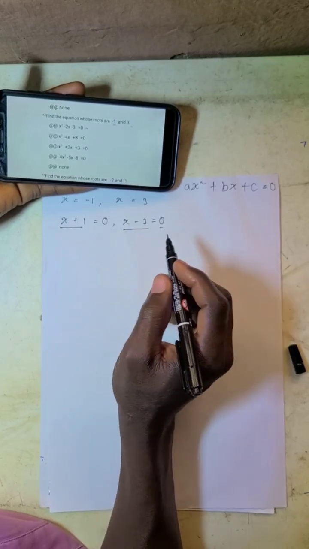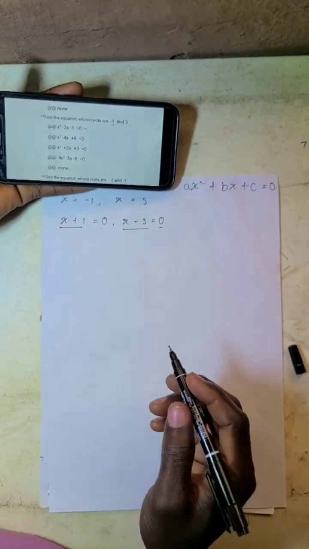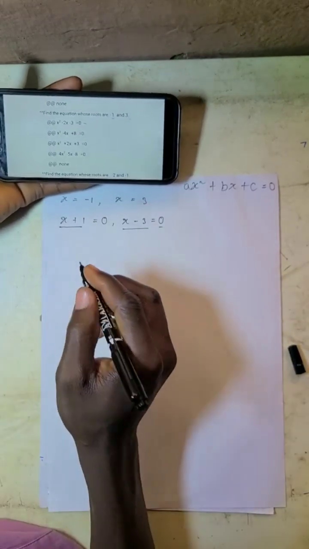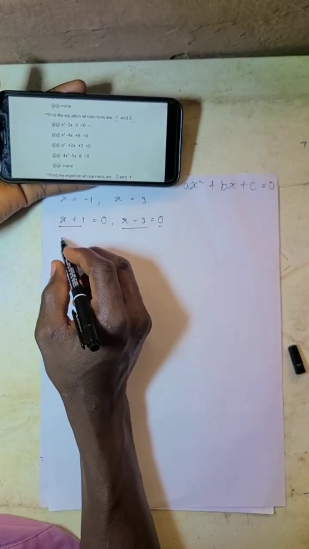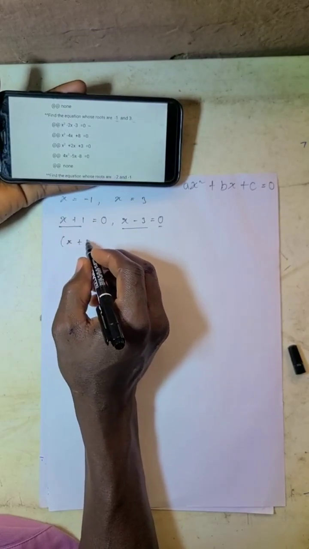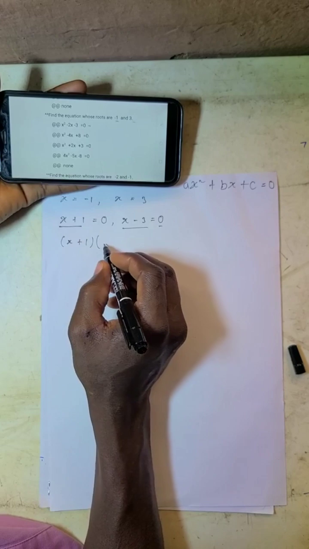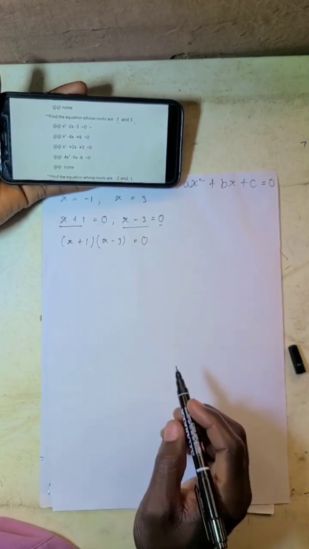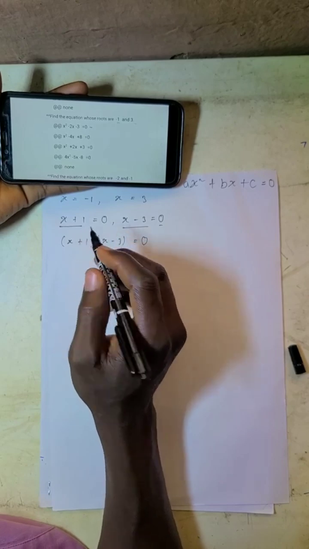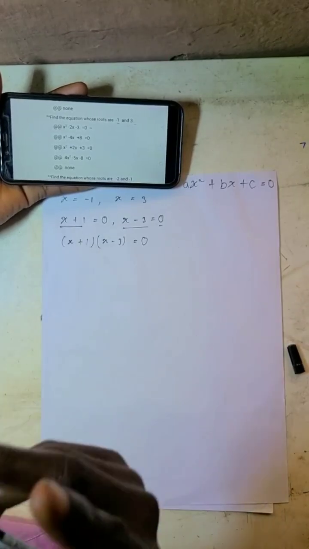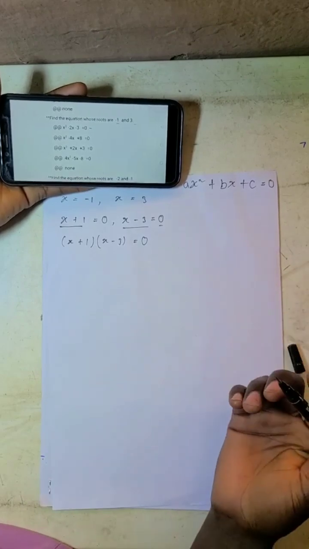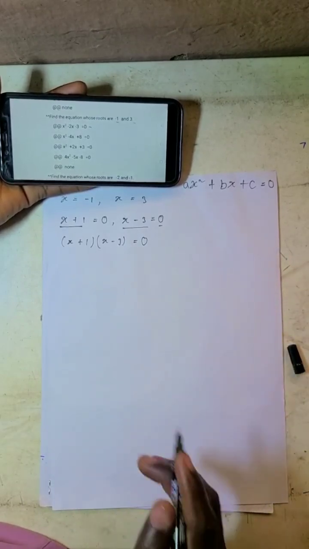If these two things are equal to 0, it means if we multiply them together, we will still get 0. So we can say that x plus 1 times x minus 3 is equal to 0. Why? Like we said, if two expressions are equal to 0, it means if we multiply them together, we will still get 0. So that's why we are multiplying them together.